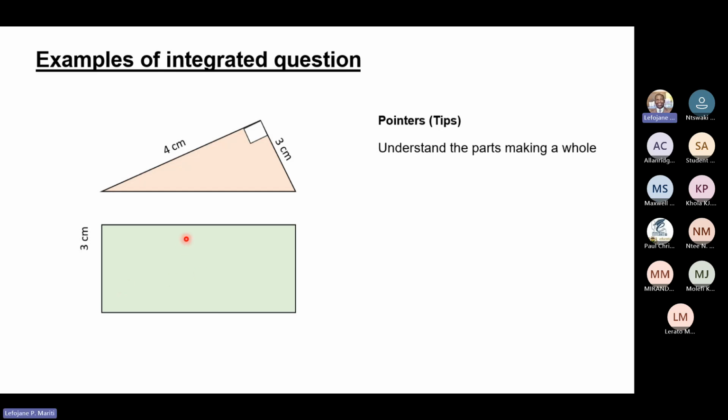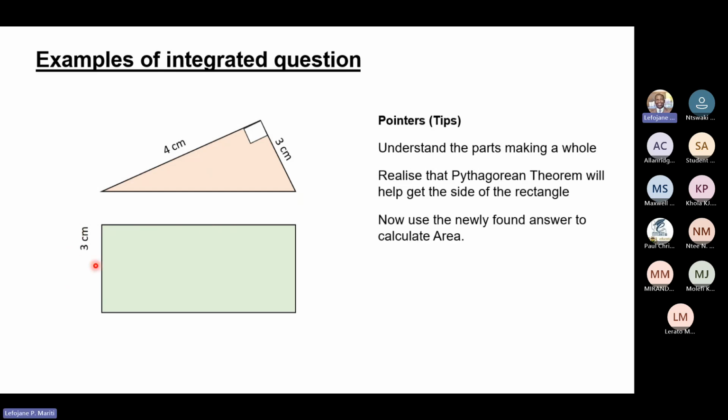Because it's a right-angled triangle, we can apply the Pythagorean theorem to calculate the length of this side. If you can find the length of this side, then we have found the length of one side of the rectangle. All we need to do is use that new length and multiply it by the given length, which is 3 centimeters, to find the area.